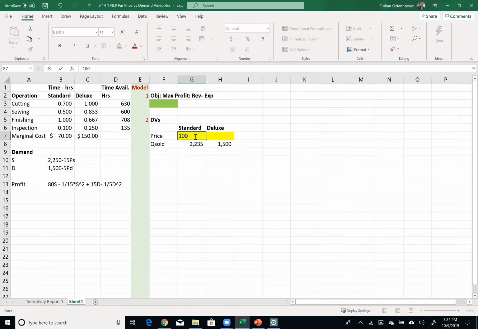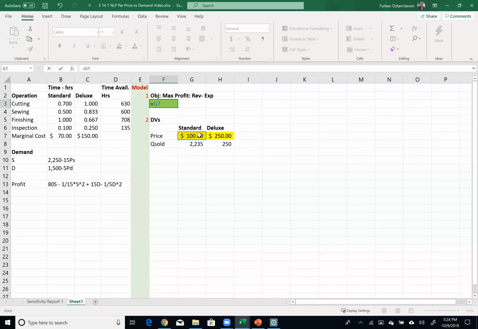Let's say this price is 100 and this price 300, or 200 looks so expensive, 250. I will have this much demand for standard, this much demand for deluxe. So I'm trying to figure out these yellow values. Now let me calculate my objective function, again not based on this. I just want to solve it for revenue minus expenses based on marginal costs given to me and based on price.